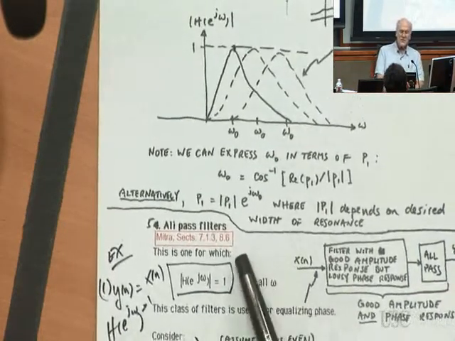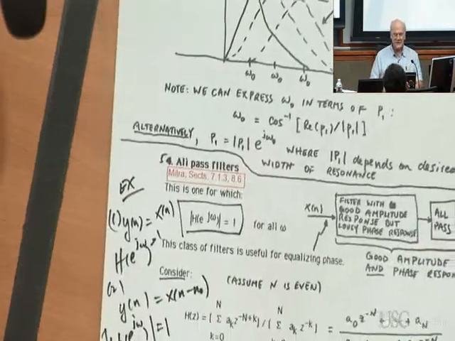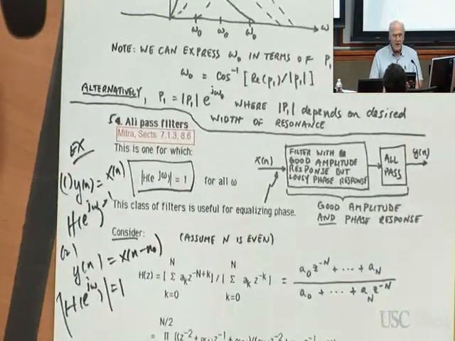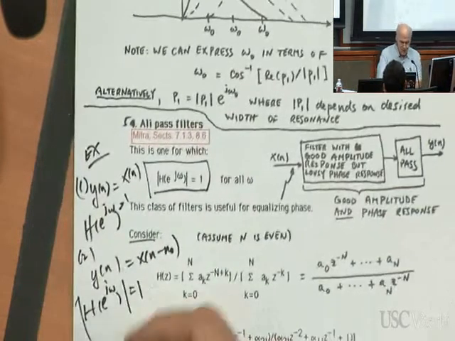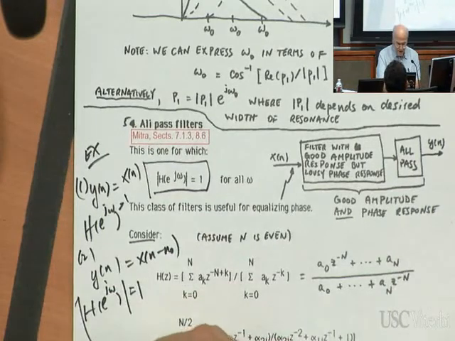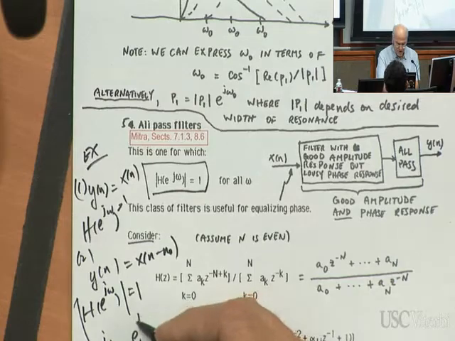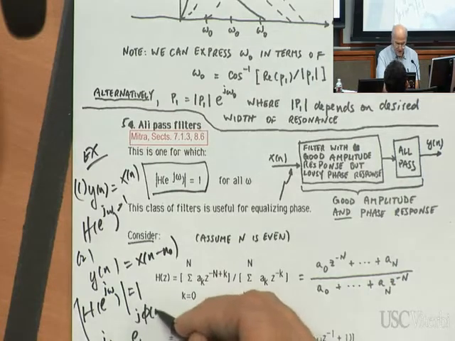It turns out all-pass filters are a lot more interesting than this, and they can be constructed with non-trivial examples of all-pass filters with arbitrary phase responses. See, an all-pass filter has a frequency response that looks like e to the j phi of omega.